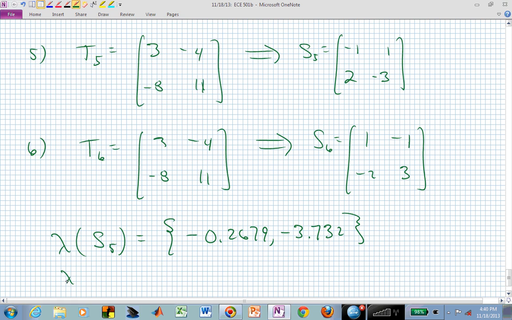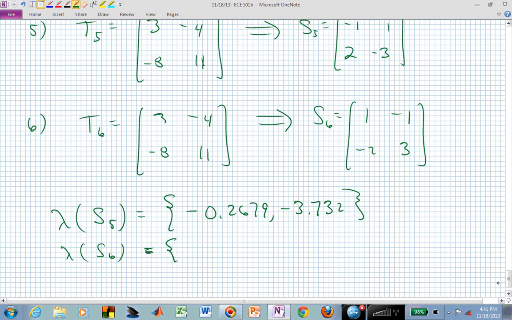But the eigenvalues of S sub 6, even though it gives you exactly the same product of S6 squared as S5 squared gives you, end up being 0.2679 and positive 3.732.